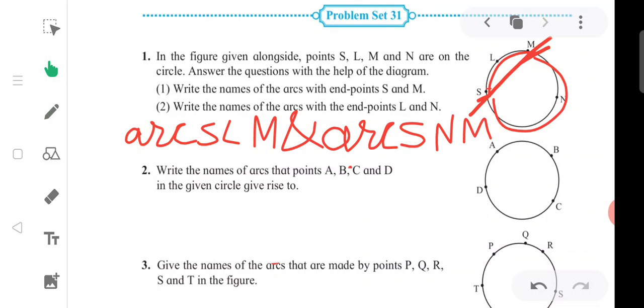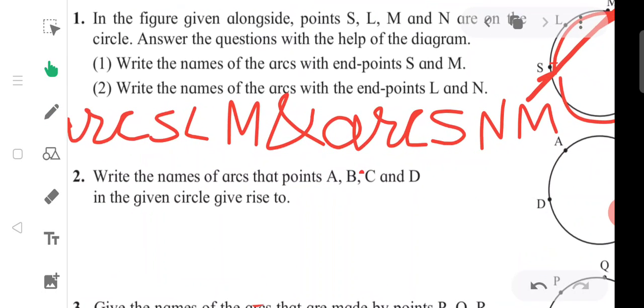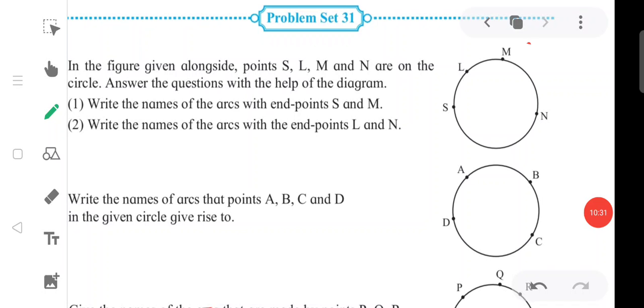See, in the second one, write the names of the arcs with the end points L and N. Now see, here we have to take end points L and N. So here we cut this circle over here.